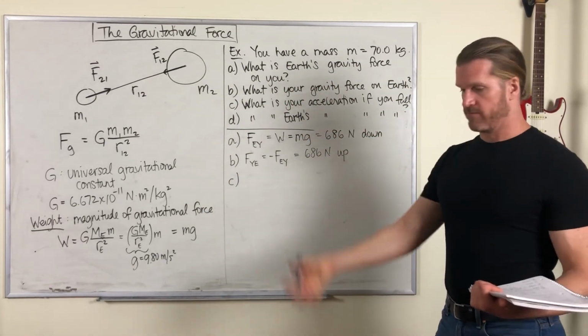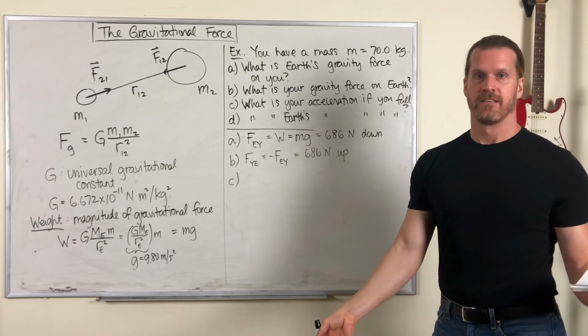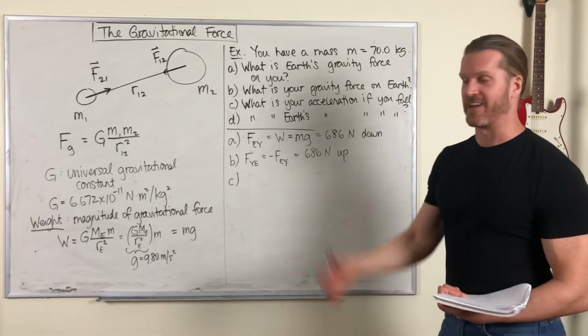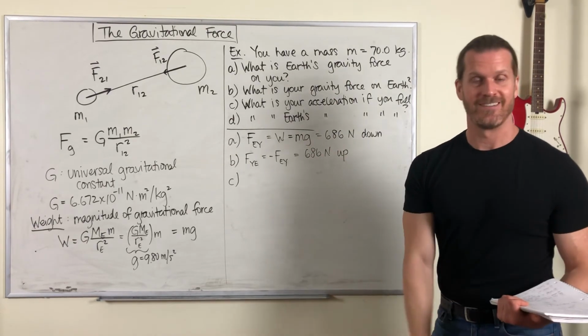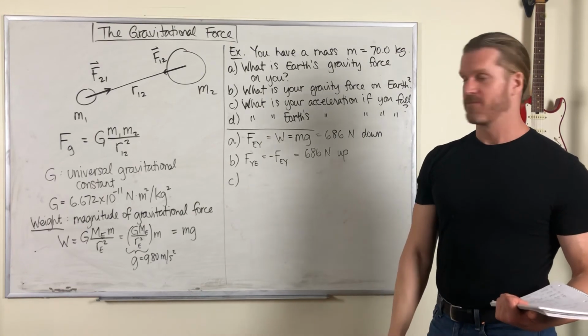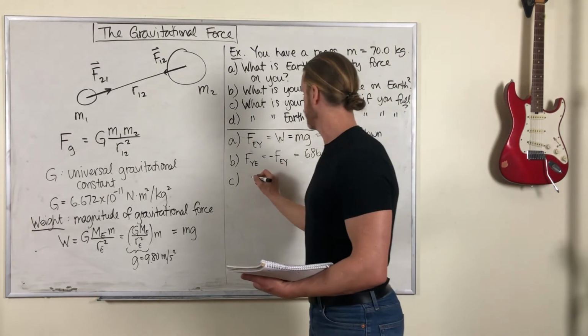So let's say you jump off a chair or a table and you fall downward. What's your acceleration?